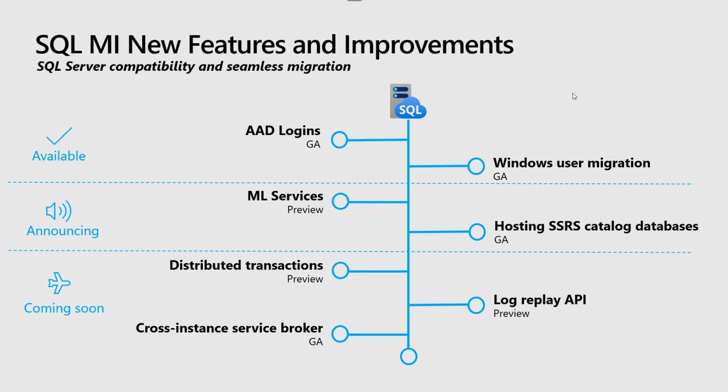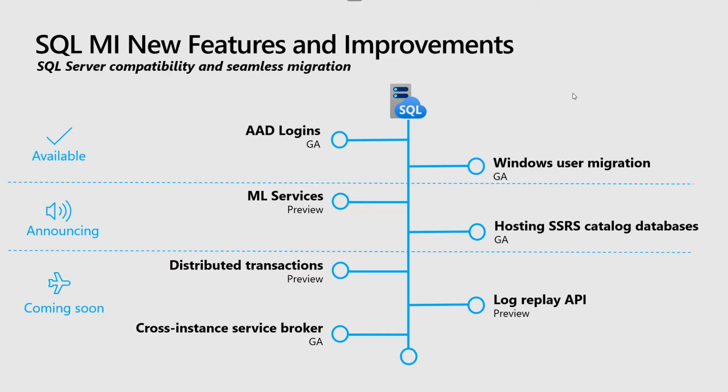So the log replay API is based on the log shipping feature from SQL Server on premises. It's been exposed to the database migration service for a long period. However, we are now exposing the log replay API also to you so that you can leverage it for minimal downtime migrations without using database migration services, if that is your use case.